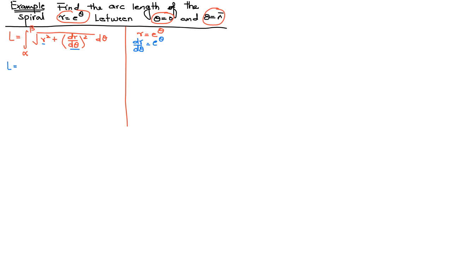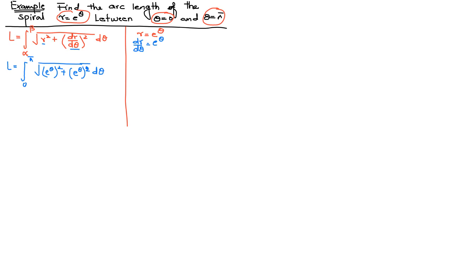So substitute these two values in the formula. What you will get: L is equal to the integral with alpha 0 and beta pi of the square root of r square, which means e power theta whole square, plus dr by d theta, which is the same e power theta whole square, d theta.